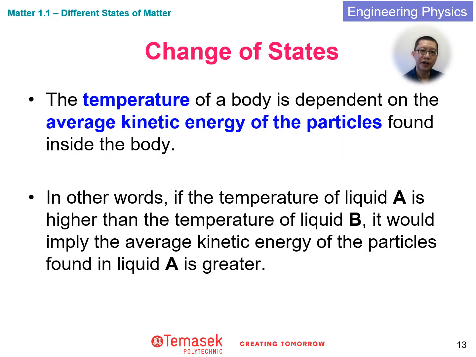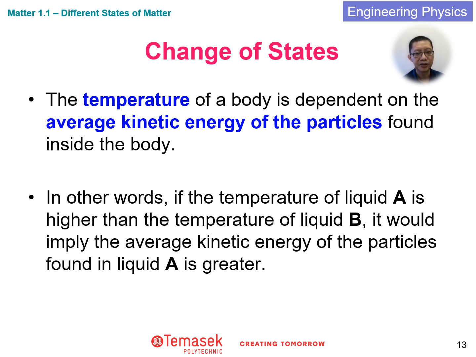In this slide, we explore the relationship between temperature and kinetic energy. The temperature of a body is directly related to the average kinetic energy of the particles within it. In simple terms, the more kinetic energy the particles have, the higher the temperature of the body.